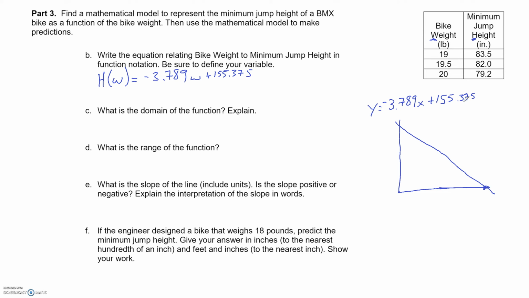I should probably write that out for you. 0 equals negative 3.789x plus 155.375. We're going to subtract 155.375 from each side.